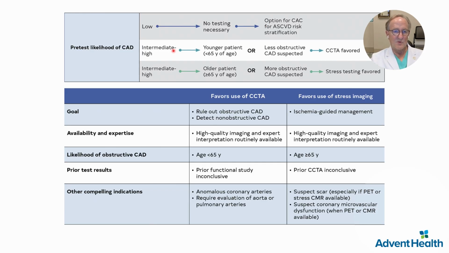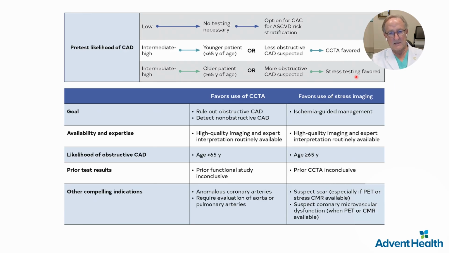Intermediate risk patients, as we've discussed just in the past few slides, if they're young and obstructive coronary disease is not really suspected, CCTA is a favored test, still is. Intermediate high risk patients that are older, that you suspect obstructive coronary disease, stress testing probably favored.